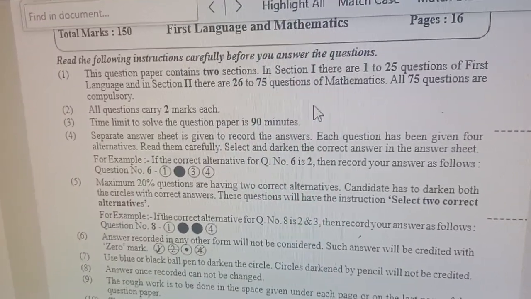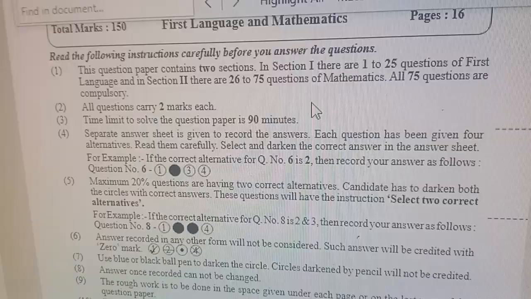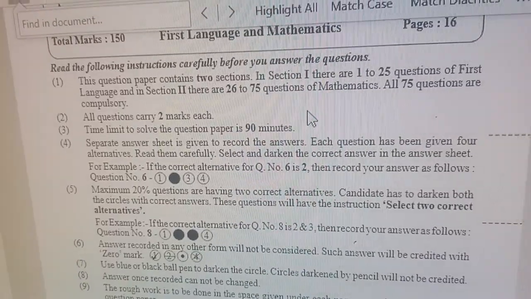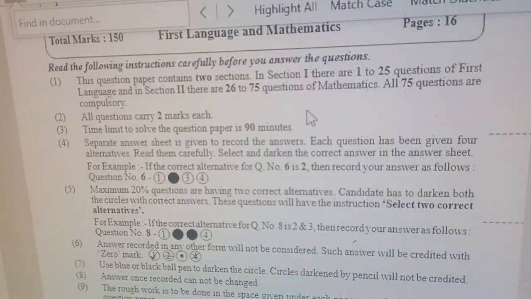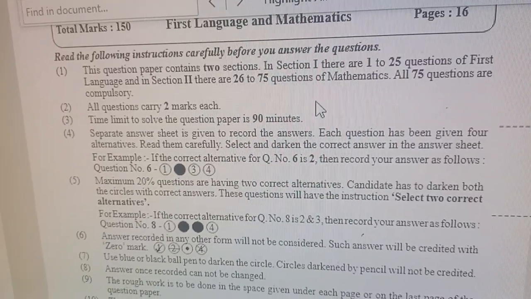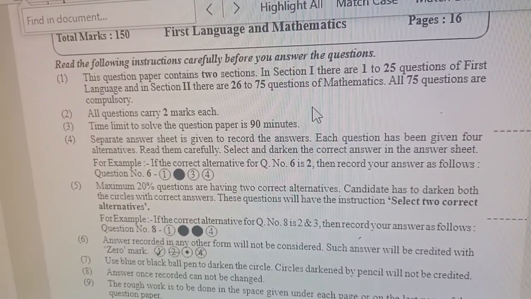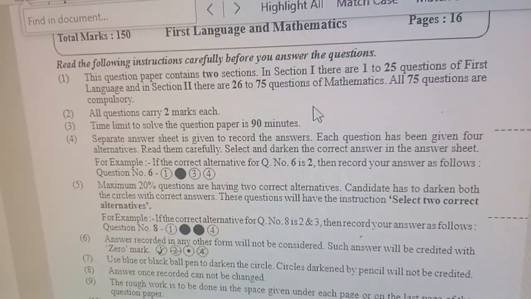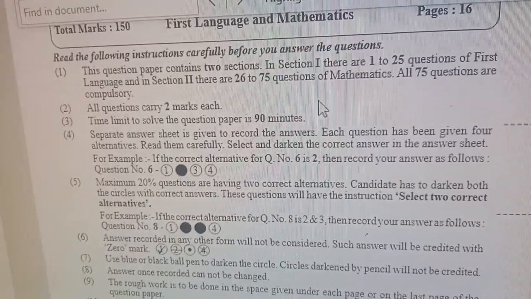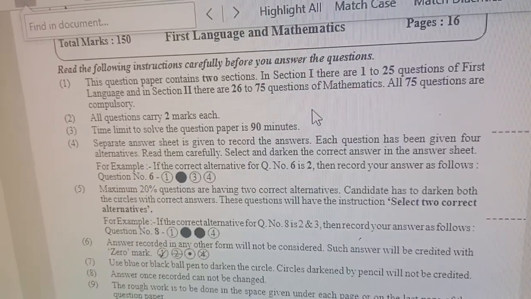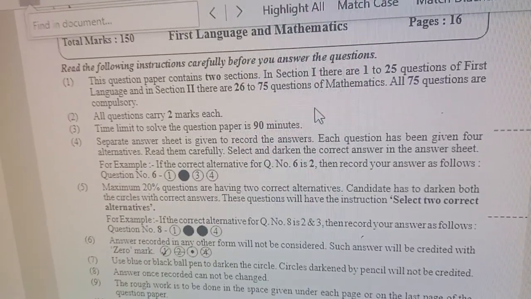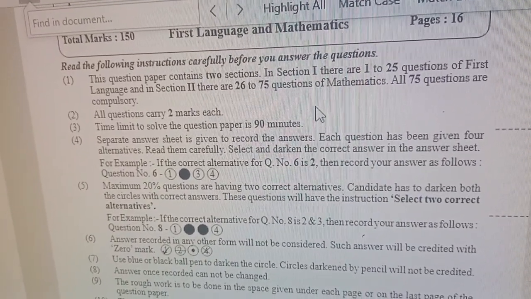Fourth, a separate answer sheet is given to record the answers. Each question has 4 alternatives. Read them carefully. Select and darken the correct answer in the answer sheet. The examiner will give you a separate answer sheet and a separate question paper, and from that you have to select the option and darken your answer as given in this paper.